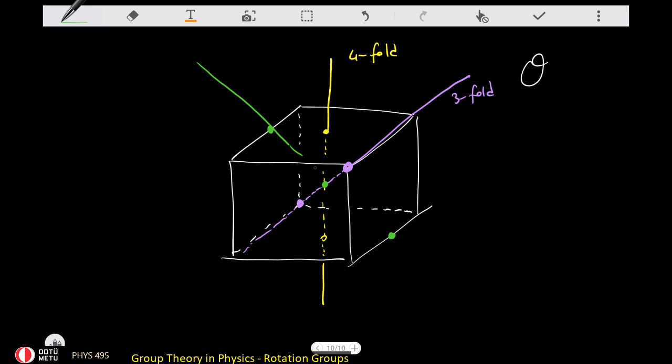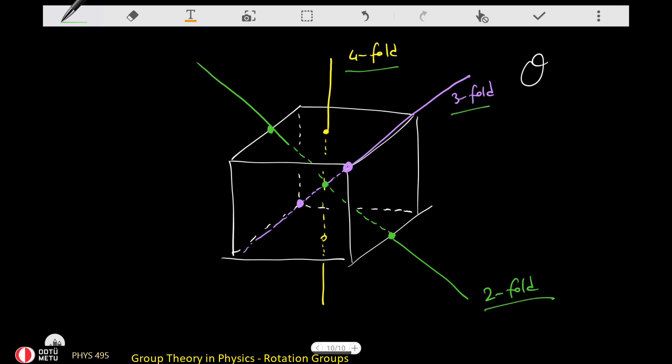It goes inside. I think I should use dotted lines for the inside ones, right? So this is a twofold axis. So as a result, this group O therefore has symmetry operations whose order is 4, 3, and 2.